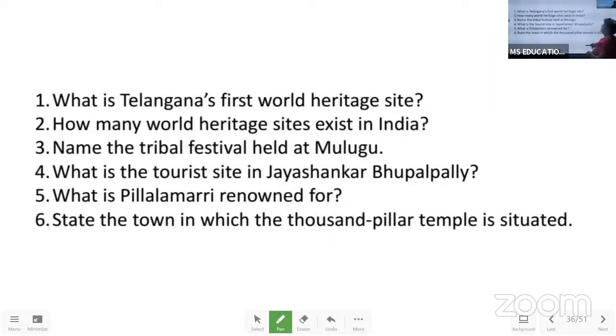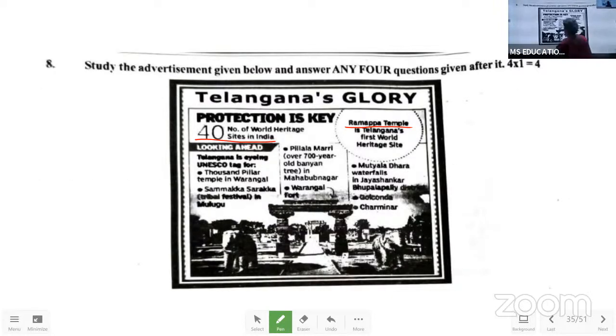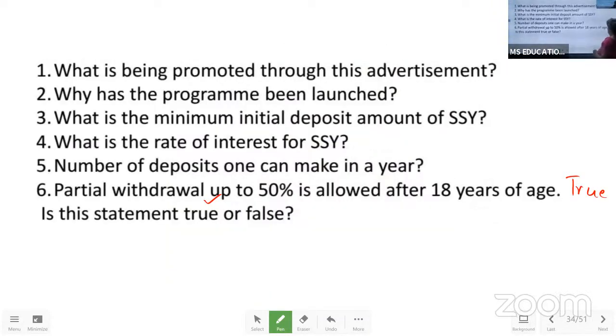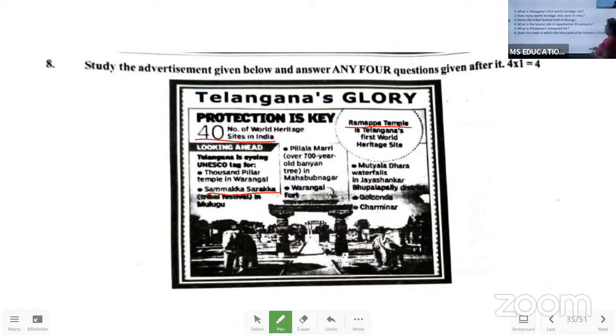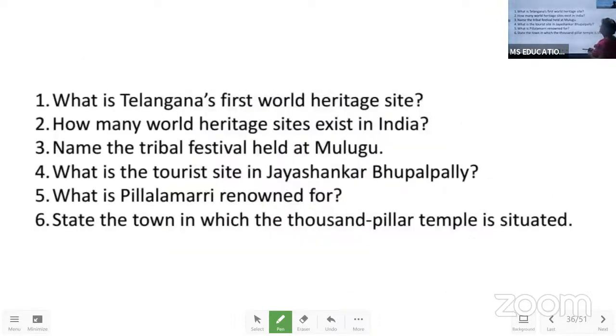Next, name the tribal festival held at Mulugu. Samakka Sarakka. It's a tribal festival held at Mulugu. Then next, what is the tourist site in Jayashankar Bhupalpally?